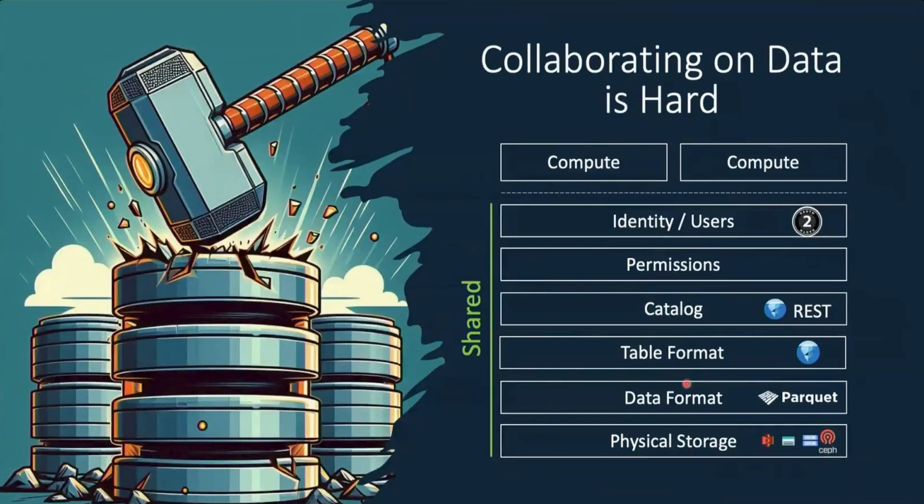So collaboration on data, as I said before, is hard. So now we have filled up our stack here finally completely. And these last two layers, permission management across engines and identity across engines, is something that has been missing for a long time in the data ecosystem, right? And especially in open source tools.